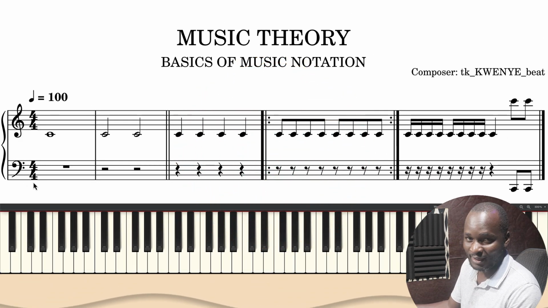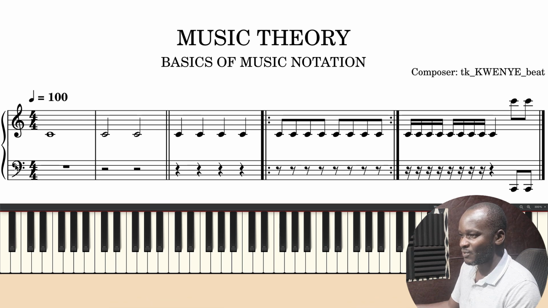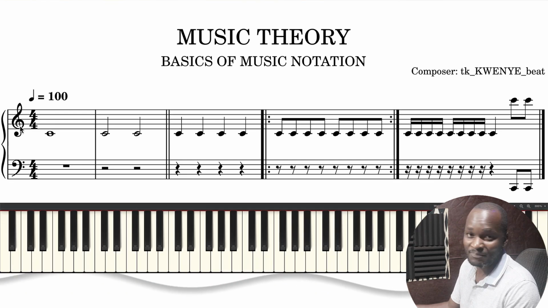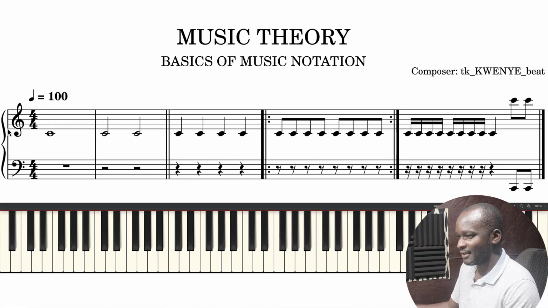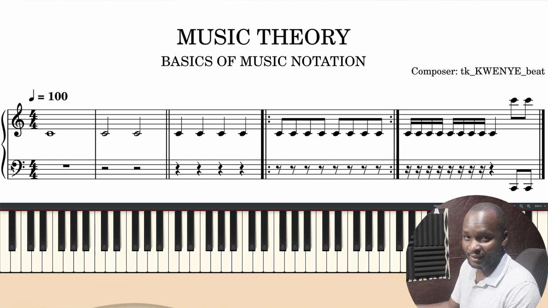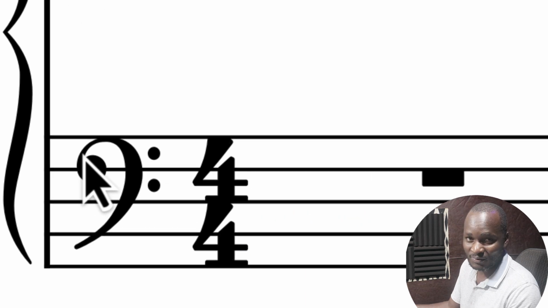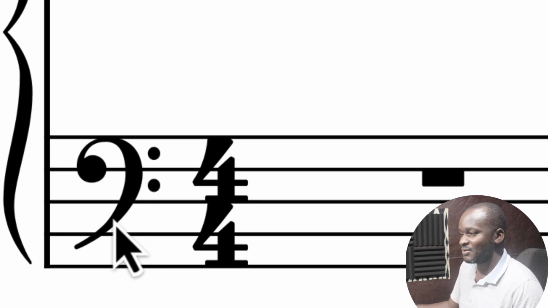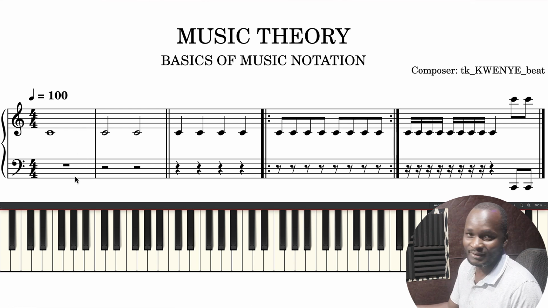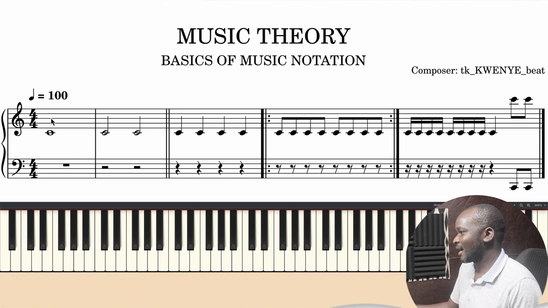From there, we head to the lines. I think there are two sets of lines. One set belongs to what we call the treble clef or the G clef, since it starts from the line representing pitch G. And the next set of lines is represented by the bass clef or the F clef, because it starts from a pitch called F. For that reason, music is written in between or on these lines, plus a couple of other special lines which are above or below the stipulated 5 lines.